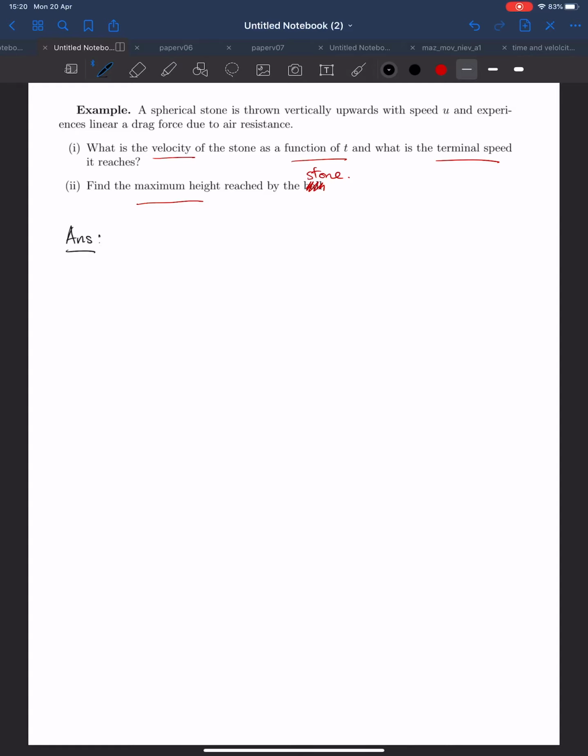So what we should do first is draw a diagram to represent this scenario. So we have a stone moving vertically upwards. So this is the motion. And at some point, let's say at the point O, it was projected upwards.